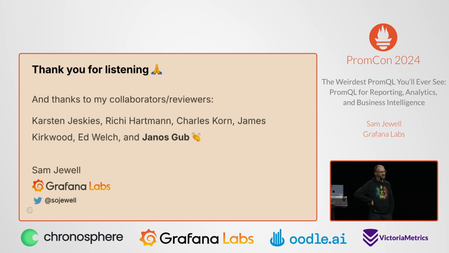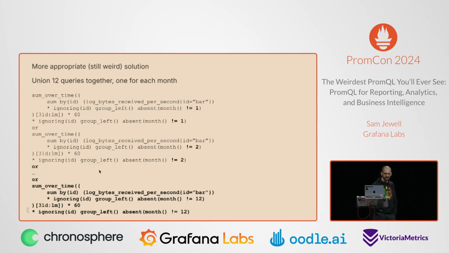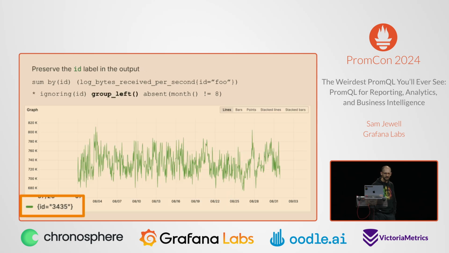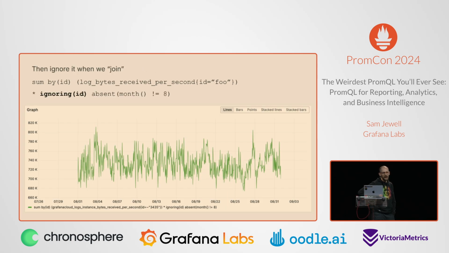Can you explain again why you have to use the ignoring instead of an on parentheses for the join part to work? Yeah, let me see if I can get back there. It might be that I could have used on and then empty brackets. Yeah, that's the form I'm used to seeing.